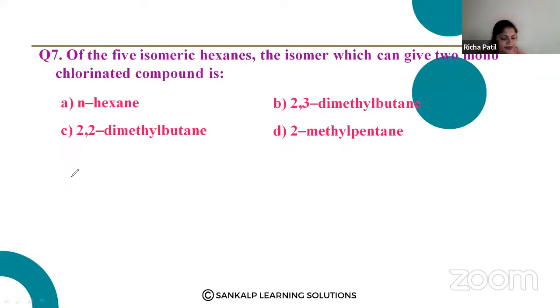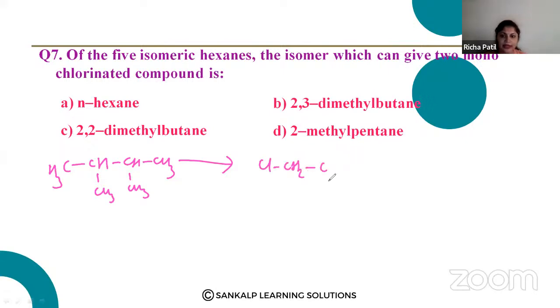Just see, CH3, CH, CH3, CH, CH3, CH3. What will you yield? 2 monochlorinated compounds.